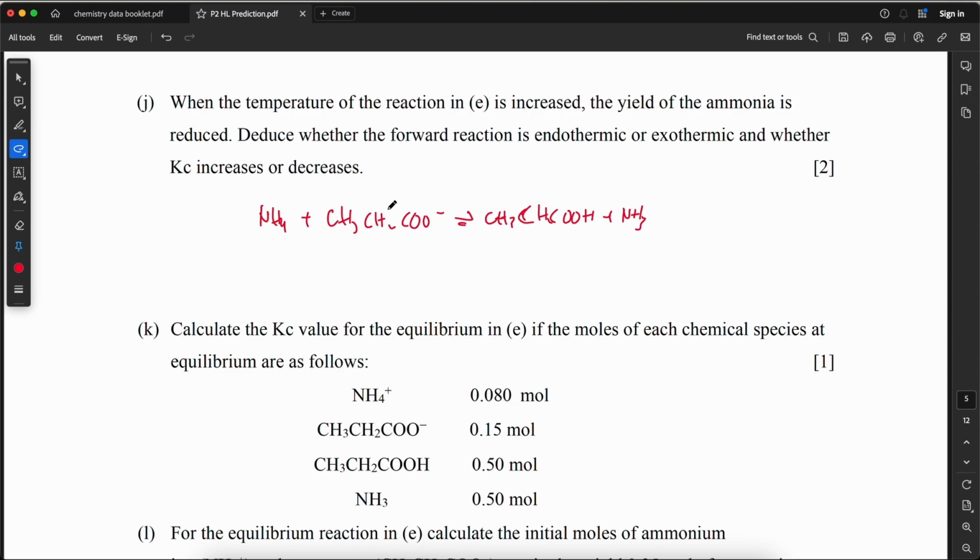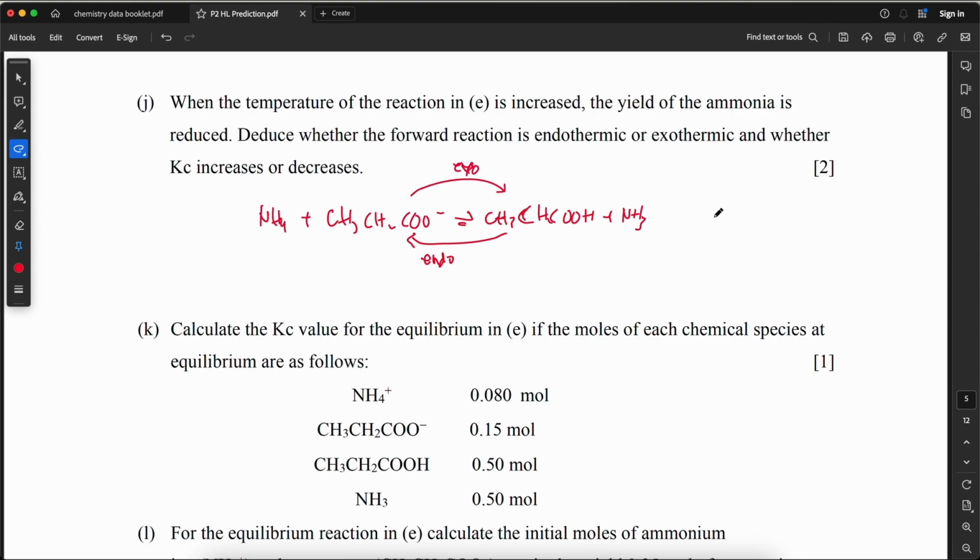So when the reaction shifts to the left when the temperature increases, it means the reverse should be endothermic, because when the temperature increases, it absorbs the energy, so it favors the endothermic reaction. So this one should be exothermic.